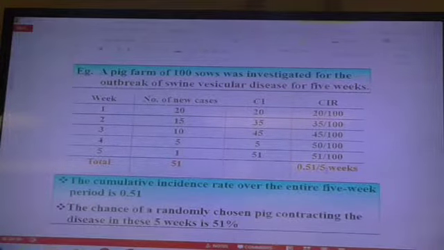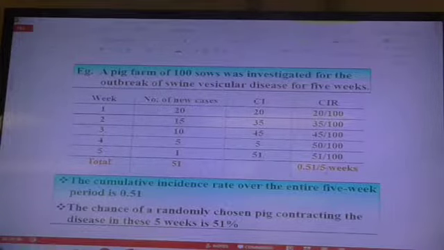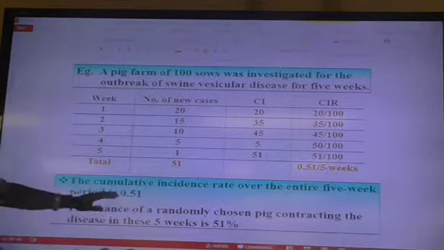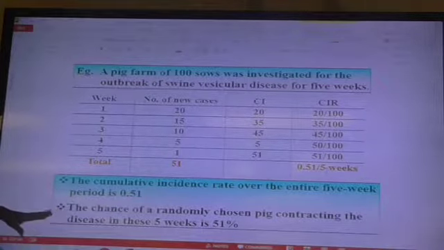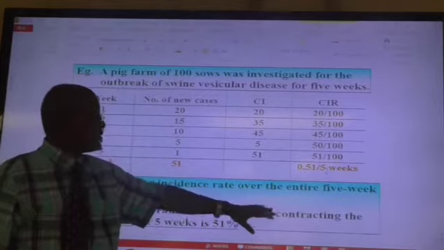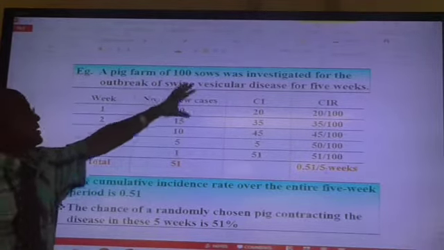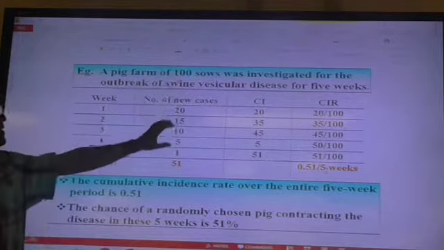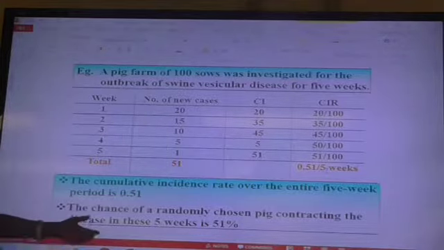Now, always that's what we do, you have to extrapolate it to the overall population, or to other conditions which are the same. So cumulative incidence over the entire 5 week period is 51. Now what is your generalization? The probability that any given, randomly taken pig from this 100 pigs develops the disease is 51%.